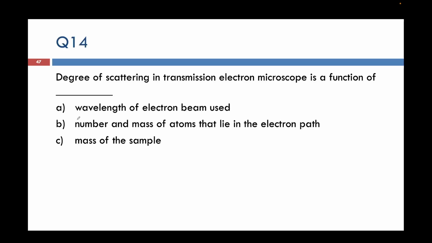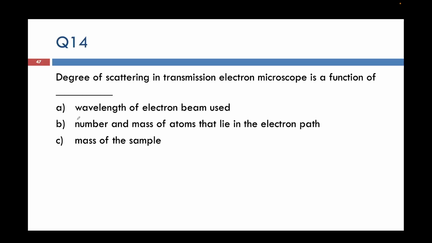The degree of scattering in a transmission electron microscope is a function of dash: wavelength of the electron beam used, number and mass of atoms that lie in the electron path, mass of the sample. Can anyone answer? Yes, sir, wavelength of the electron, no. It is not only that.